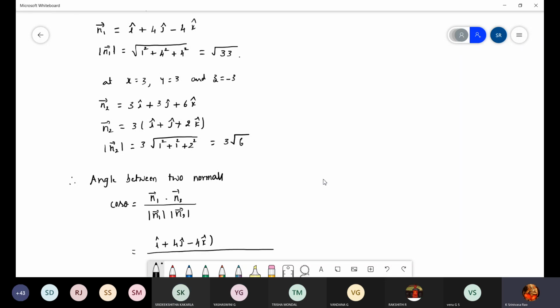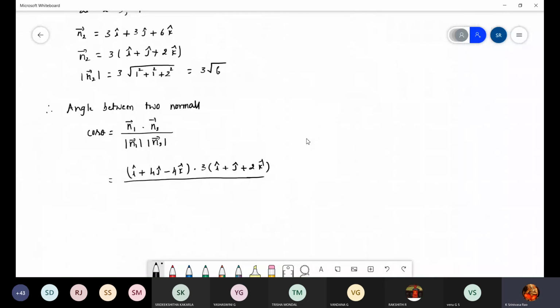This is n1, in between a dot, since it is a dot product. n2 is 3 I can take common; it is a number, you can write it before n1 also, or let it be 3 times i plus j plus 2k, divided by magnitude of n1 which is root 33, into magnitude of n2 which is 3 root 6.